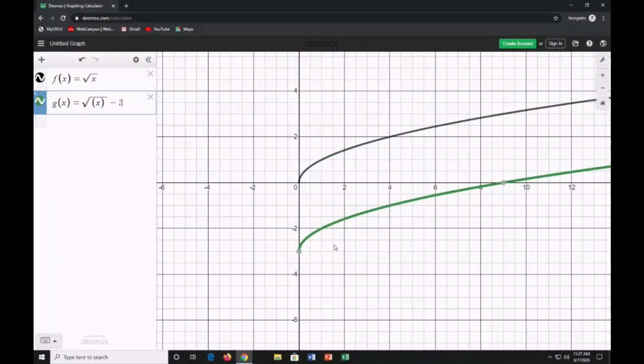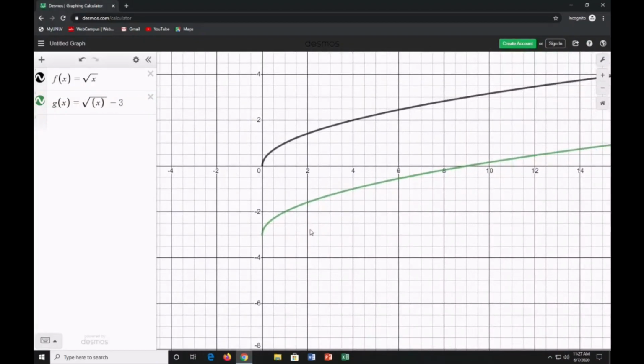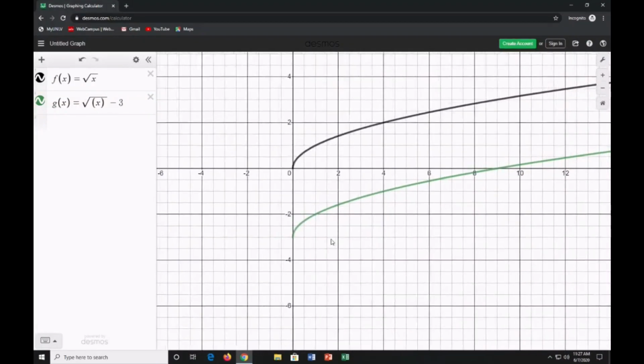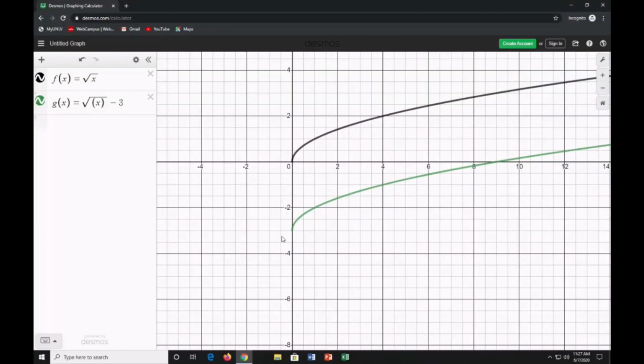So there. If you look at your notes, we have 3 units movement down, right? Negative 2 and negative 3 would be right there. So if I label that, it would be 0, -3, right there. And let's label it like that. So that's that point.